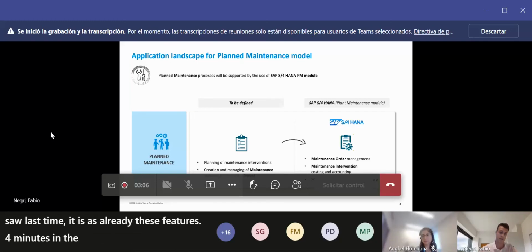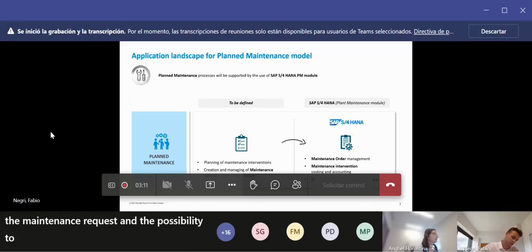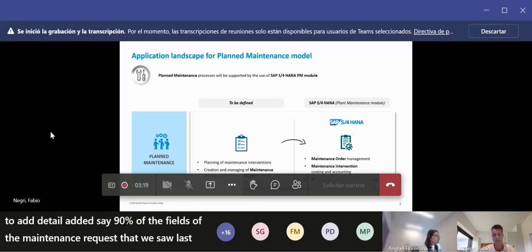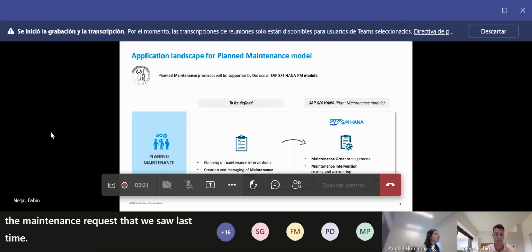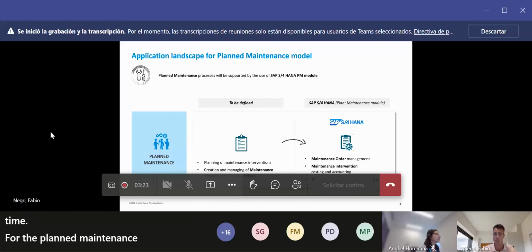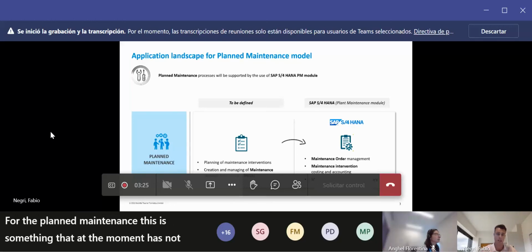So it has the maintenance request and the possibility to detail, I would say, 90% of the fields of the maintenance request that we saw last time. For the planned maintenance, this is something that at the moment has not been implemented, is not being developed in Iris.